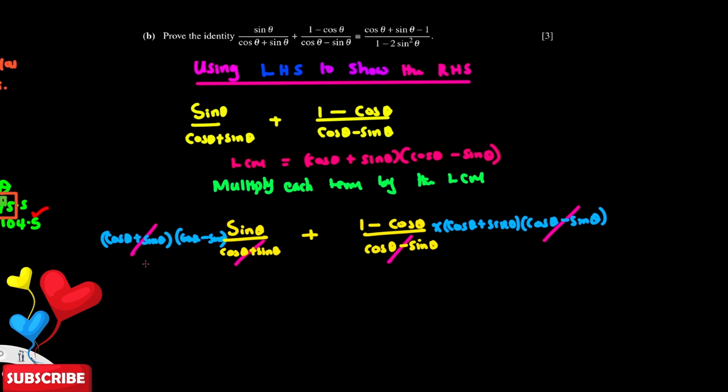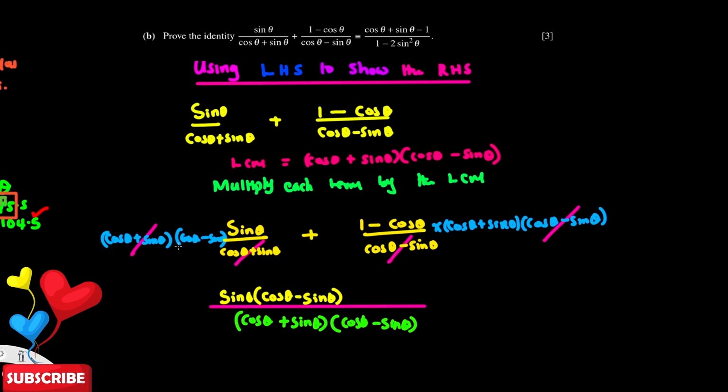Now expressing as a common fraction, which is the LCM in this case, at the top we remain with sine theta times cos theta minus sine theta, and in the second term we remain with plus 1 minus cos theta times the part of the fraction that remains.